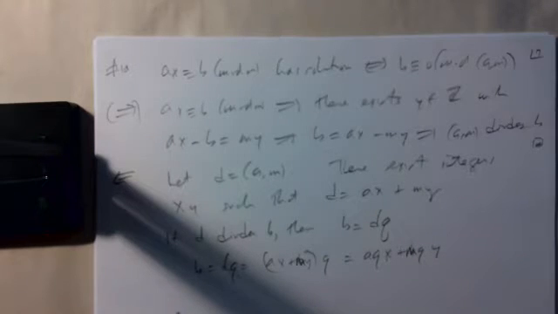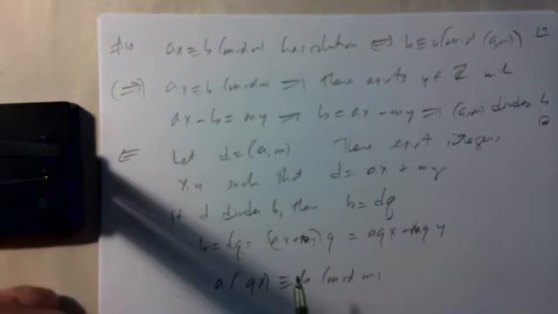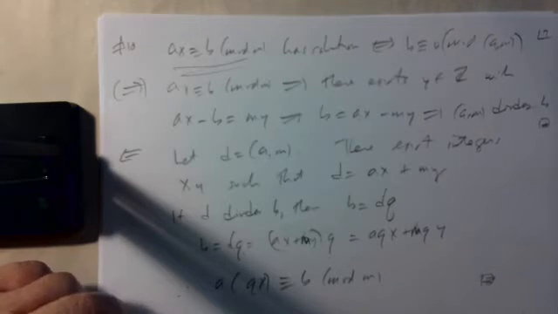So a times the number qx is congruent to b mod m. So this congruence has a solution if the greatest common divisor of a and m divides b. Oh, that's all. That's the whole exam.